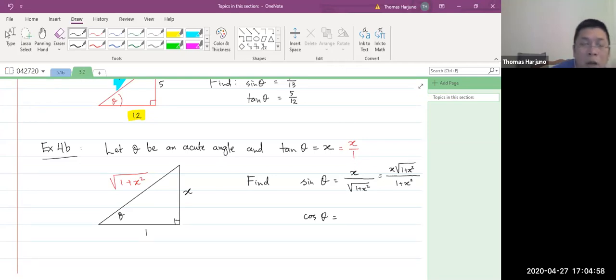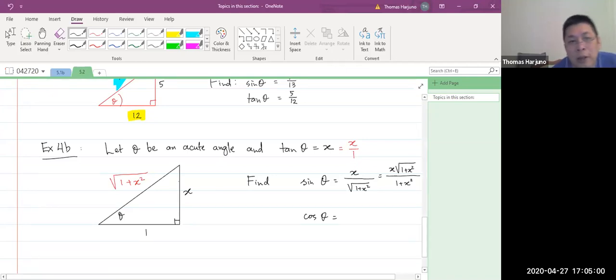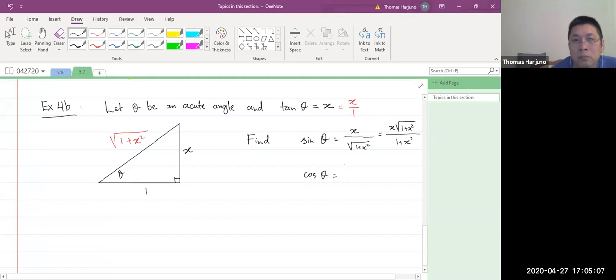Okay, coming back here. So what is cosine theta? That will be 1 over square root of 1 plus x squared, which is square root of 1 plus x squared over 1 plus x squared.